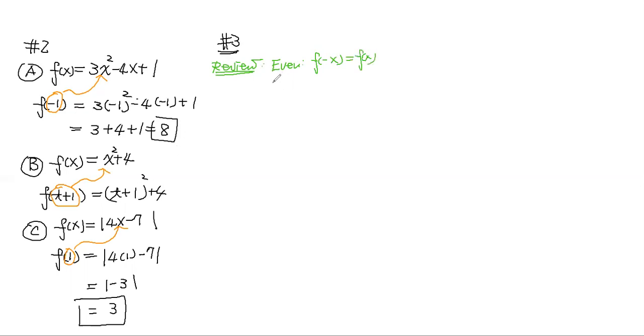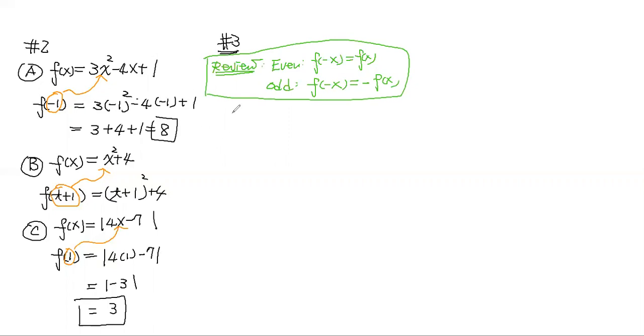For checking odd, we also start with f of negative x, and if this is equal to negative f of x, then we say it's odd, right? So this is the formula we use here. Okay, so now let's try. Number 8, part A is here. F of x equals 5x.